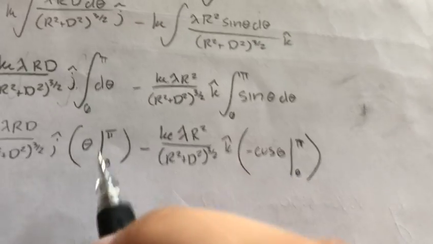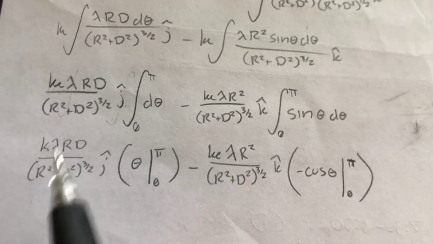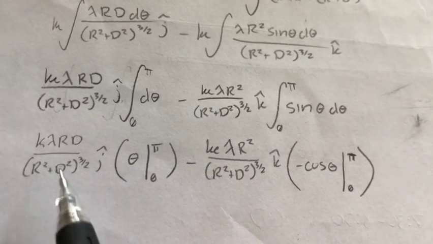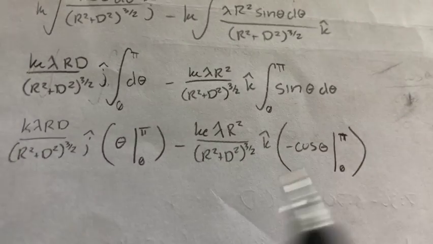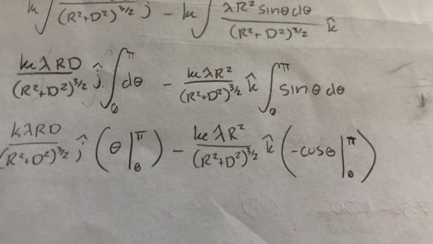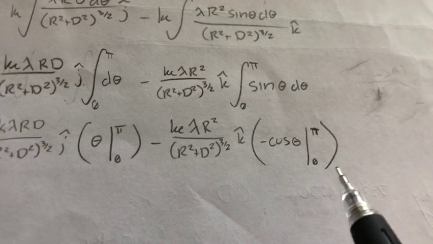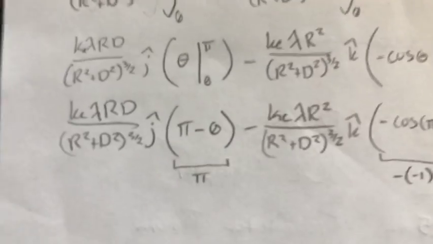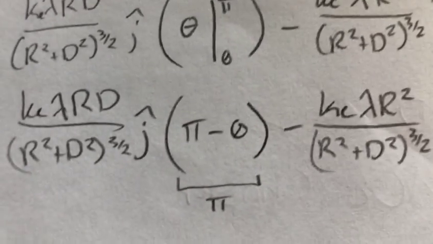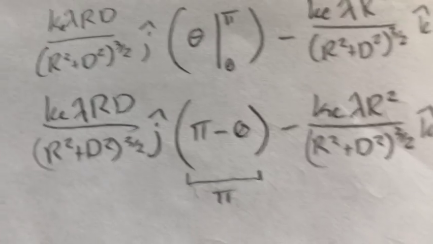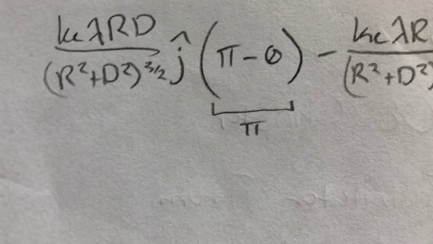I put them in parentheses because you don't really have to plug it in; there's nothing to plug it into over here. You're just going to distribute it in later, or simplify the expression inside and multiply it. So when we plug in the bounds to this side, it's just pi minus 0, because it's the larger bound minus the lower bound, and that gives us pi as the answer for that whole integral.